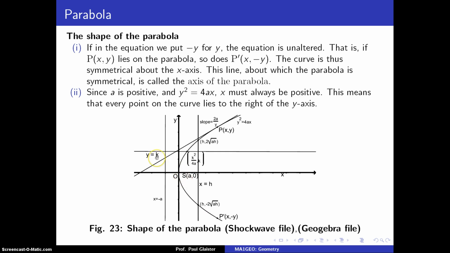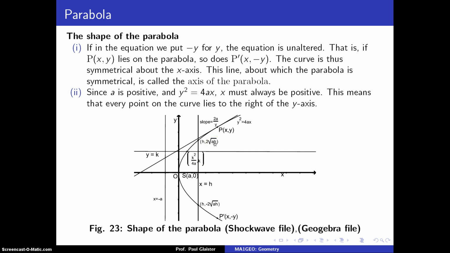However, for a fixed value y equals k, that only gives one value of x, which is k squared over 4a, as shown here. So in those two cases, I've just labelled the one point here, where you're given the y value, and this is the x value, whereas for these two points, given the x value, there are two points y.